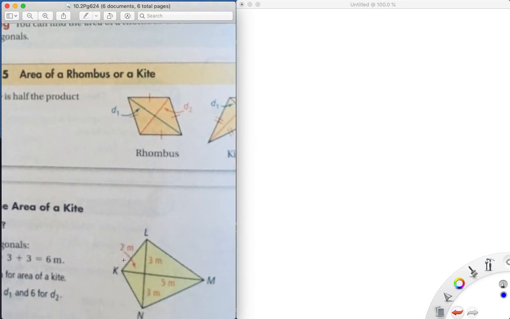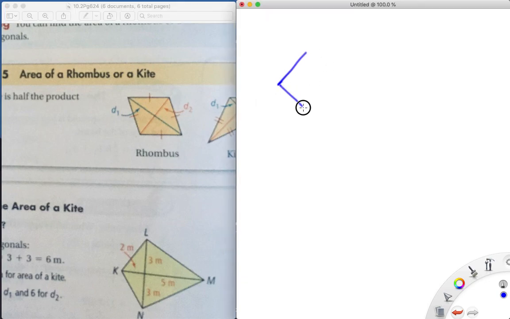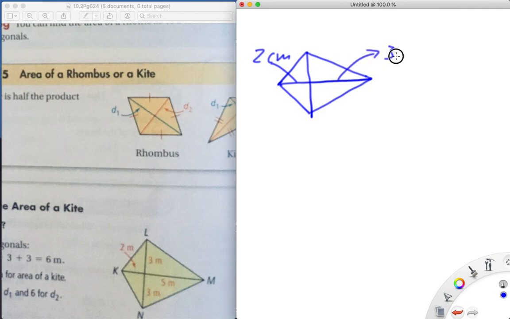So the example that they give here is that of a kite. So we have a kite which has this diagonal and this diagonal. They say that this guy is 2 centimeters.